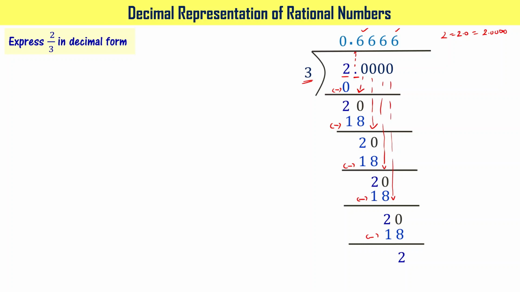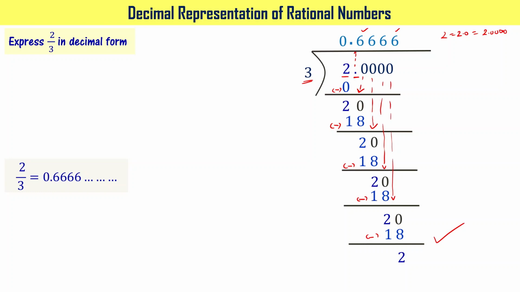So let me stop here and write it as 2 by 3 equal to 0.6666 and so on, right? Meaning the 6 is going to repeat as many times as you proceed with this process. If you do 10 more times, you will get 10 more 6s, right?